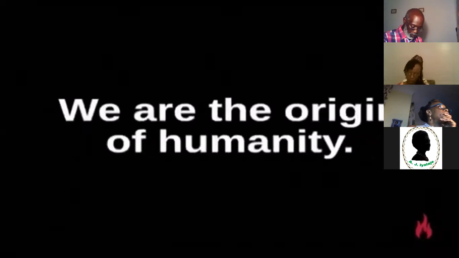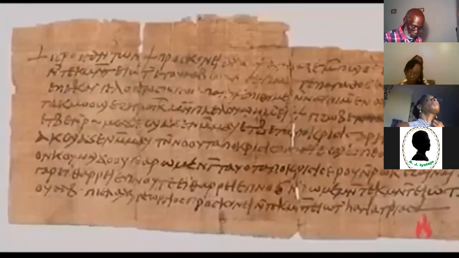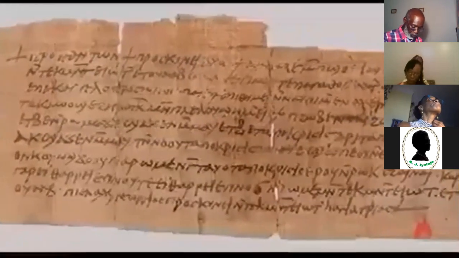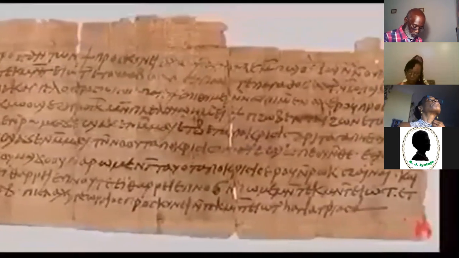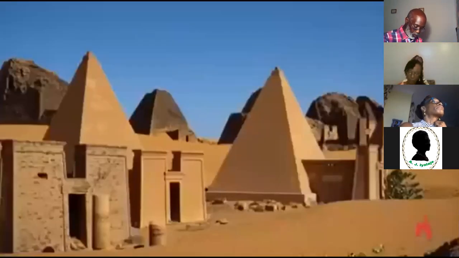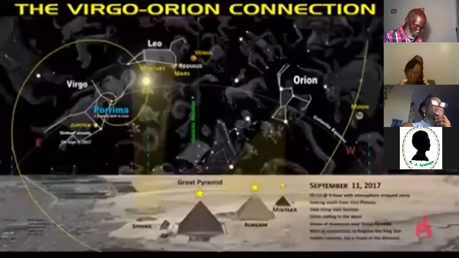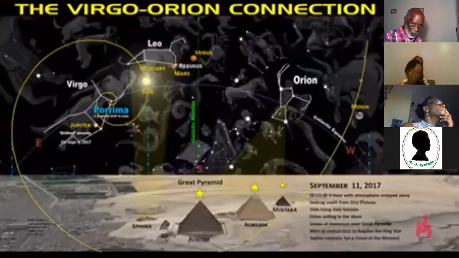However, the facts are, we civilized the world. We invented the first writing systems 3,000 years before Christ, while Europe started writing only 1000 BC. We invented geometry, architecture, astrology, which is what we use to build the geometrically aligned pyramids in Egypt, Sudan, Ethiopia.